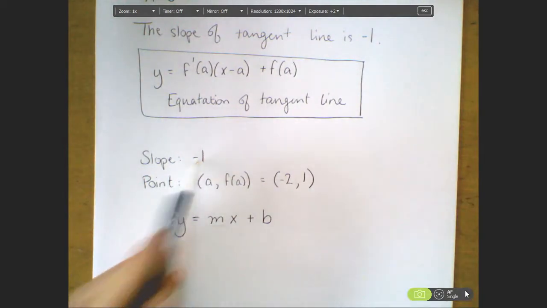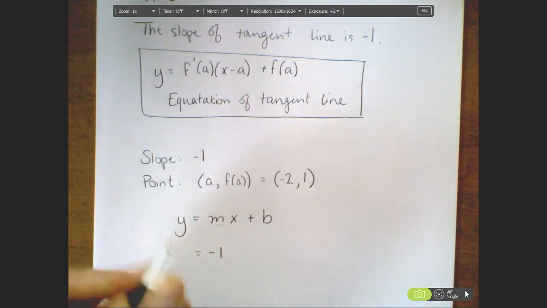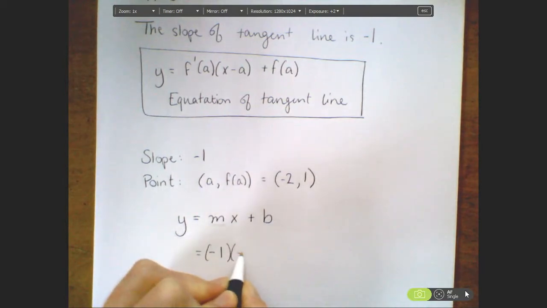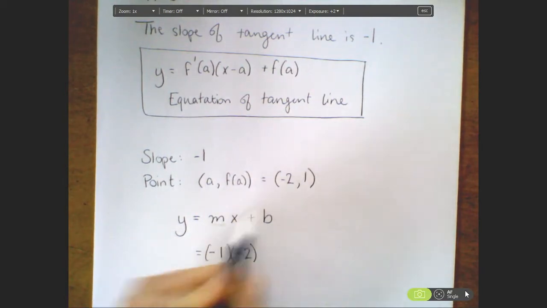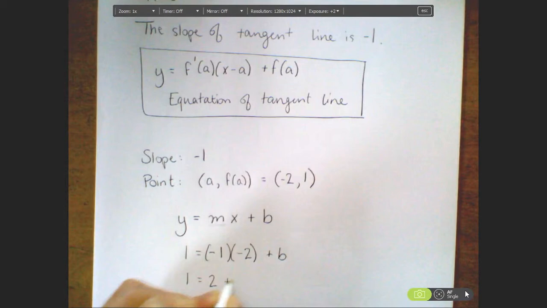So I'm going to use the slope and the point to solve for this. Namely, I know that my m value is -1, so I'm going to plug that in, because that's my slope value. I know what my x point is in this case. My x point is -2. My y value at that point is 1, and I'm going to find out what b is. So when I get -1 times -2, I end up with 2. So 1 equals 2 plus b.